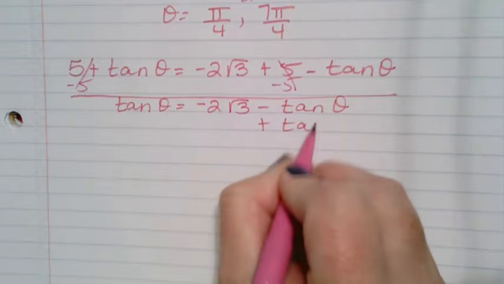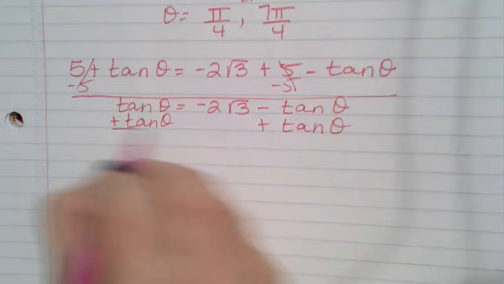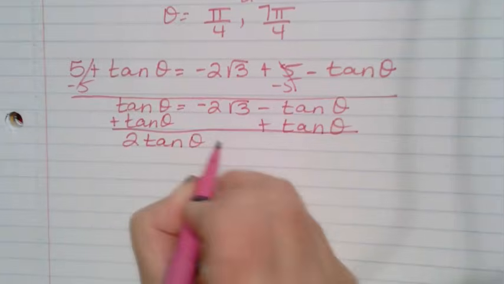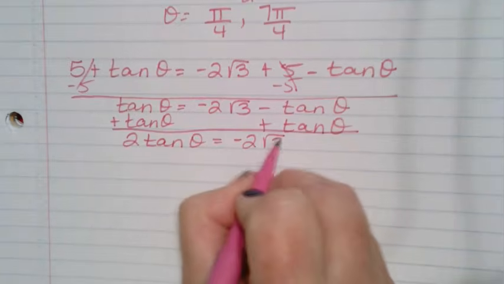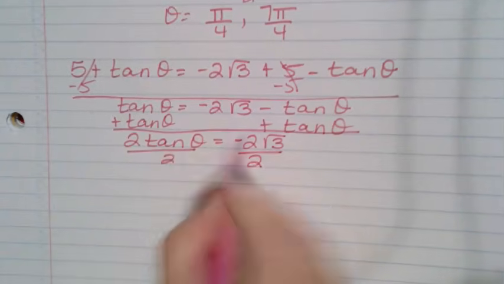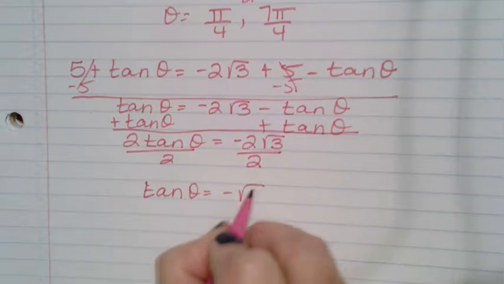Add tangent to both sides. We get 2 tangent theta equals negative 2 square root 3. And then we're going to divide by 2. So tangent theta equals negative square root 3.